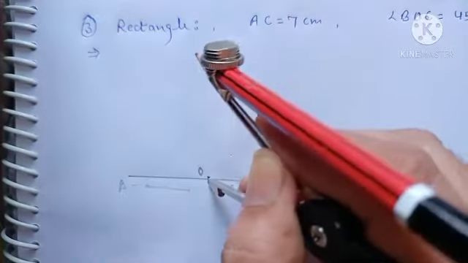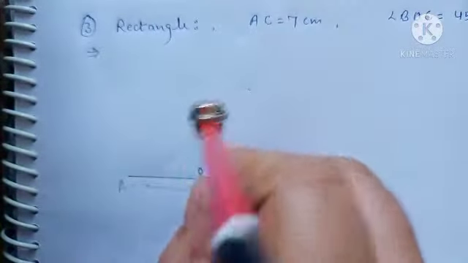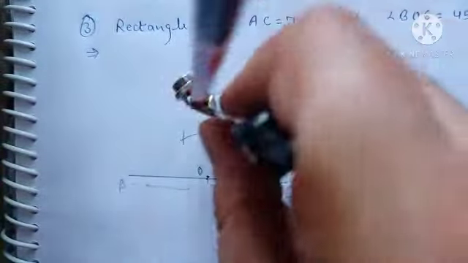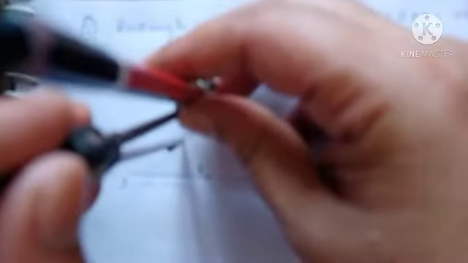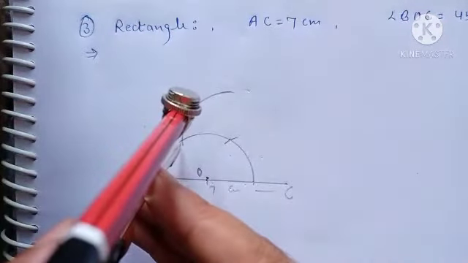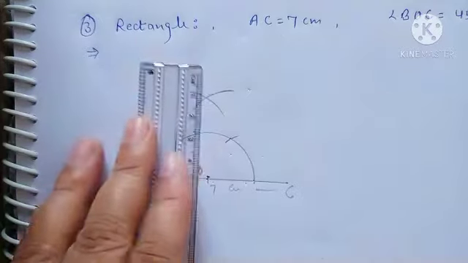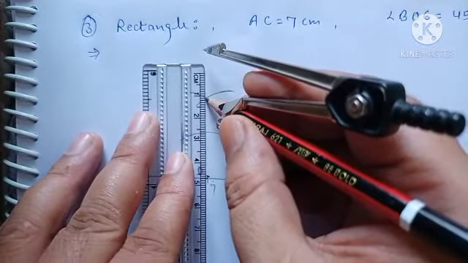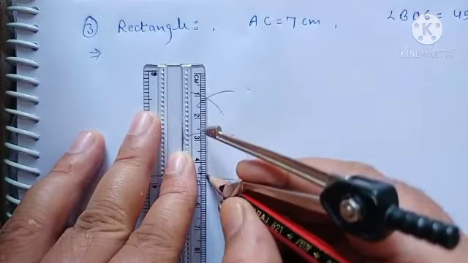So we have to make 45 degree angle here. 60, 120. It is 90. Join O and point of intersection.